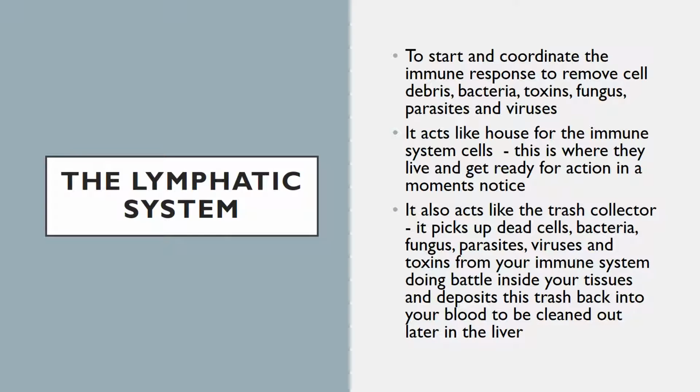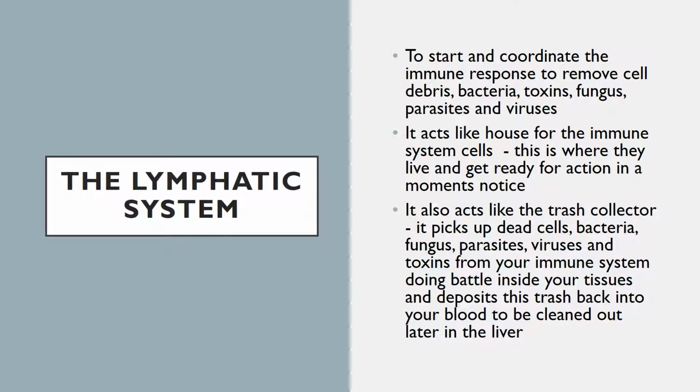The third major function of your lymphatic system, and what most people think of when they think about the lymphatic system, is that it begins to start and coordinate the immune response and to help remove cell debris, bacteria, toxins, fungus, parasites, and viruses from your body. Think of your lymphatic system like it's the house for your immune system cells.